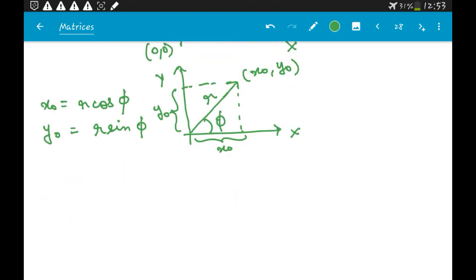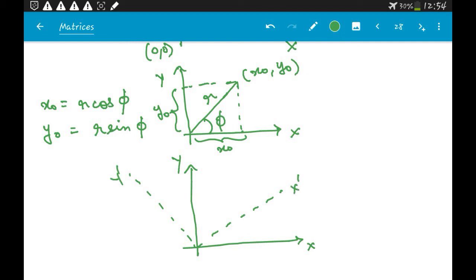Now what we did was we changed the angle. So now there is a new axis. X, y. This is x dash, y dash. And this was our vector x0, y0.